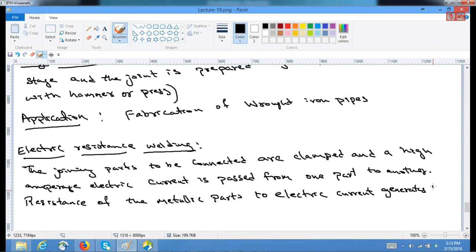This heat is used in melting the joining parts.